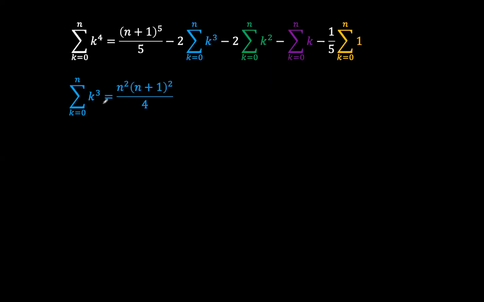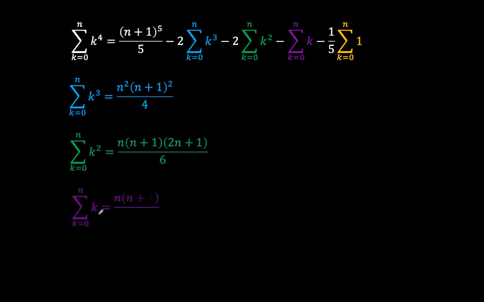The summation of k cubed from k equals 0 to n is n squared times n plus 1 squared over 4. Summation of k squared is n times n plus 1 times 2n plus 1 over 6. And then summation of k from 0 to n is n times n plus 1 over 2. And summation of this constant 1 is obviously n.